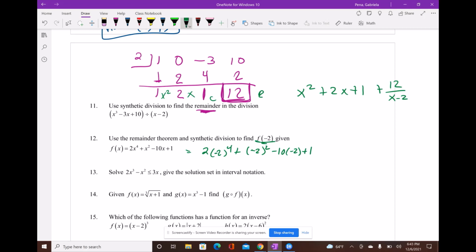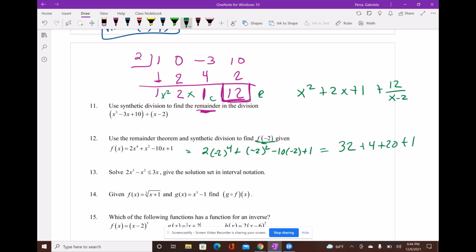-2 to the 4th is 16. 16 times 2 is 32. -2 squared is 4, plus 20, plus 1.